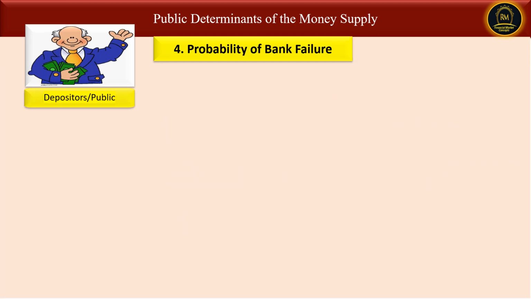Coming to the fourth point of public determinants of money supply, which is the probability of bank failure, which influences the choice of the public either to hold currency in hand or deposit money in the bank as a checkable deposit, which influences the currency to deposit ratio.